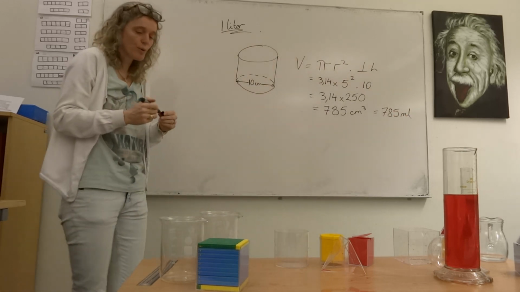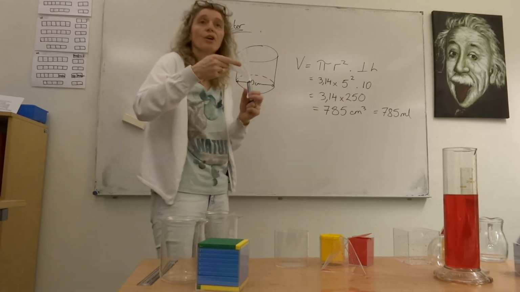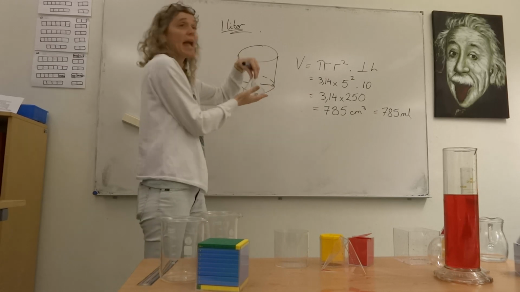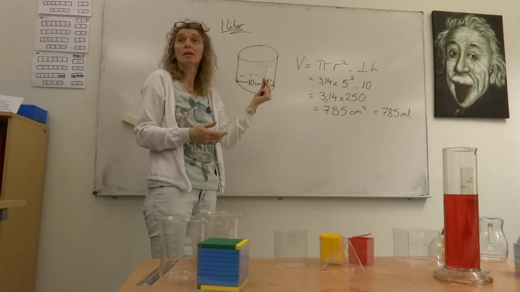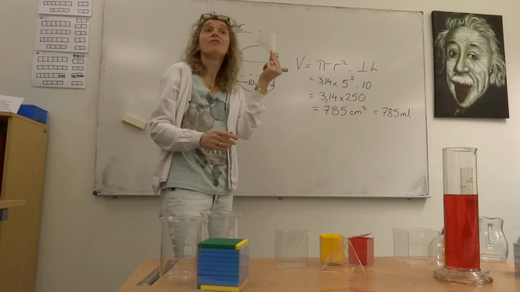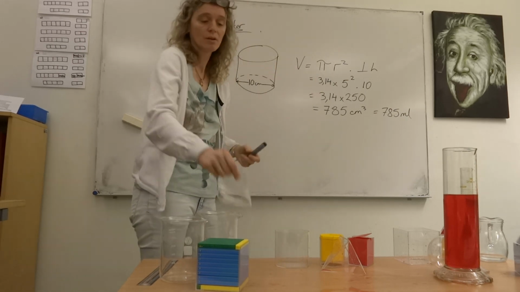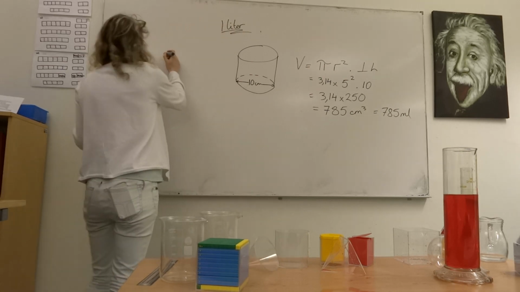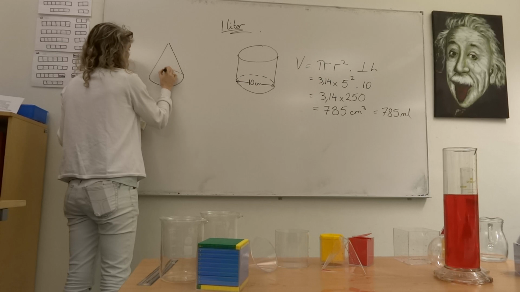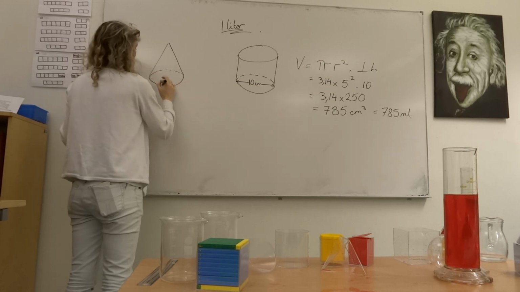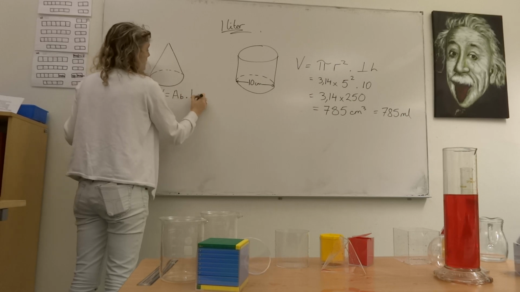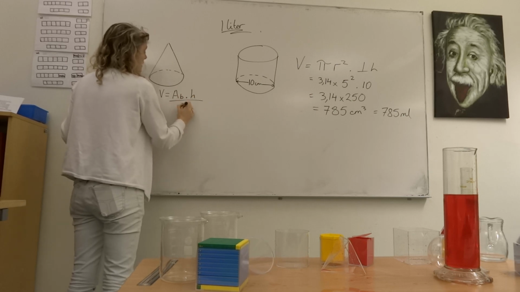Now first I thought we'd do the cone. What would we expect for the cone? We'd expect the cone to have the same volume as the cylinder, because it has the same base area, these ones fit, but divided by 3 for a cone. So we'd expect it to have the same base area multiplied by the same perpendicular height divided by 3.